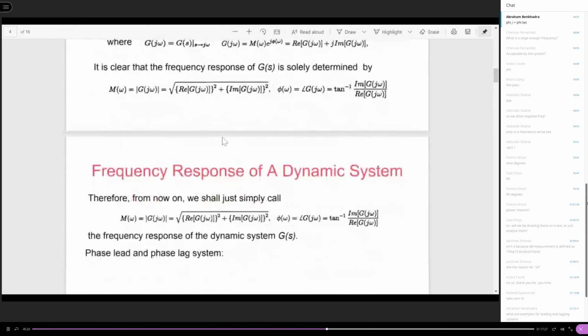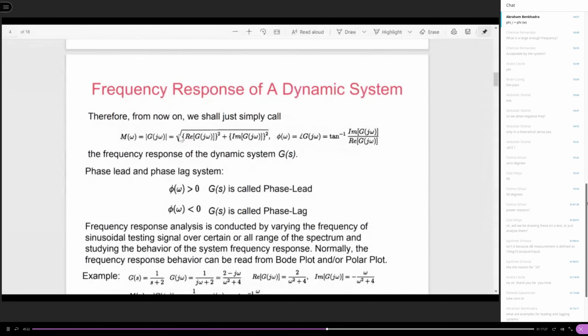See, this is a very important conversion. We converted the picture from examination of the signal into the examination of the system transfer function model, and specifically, it is M of omega and phi of omega.